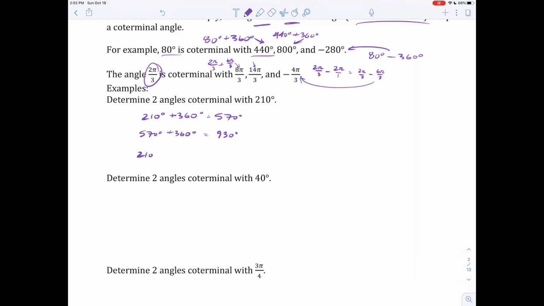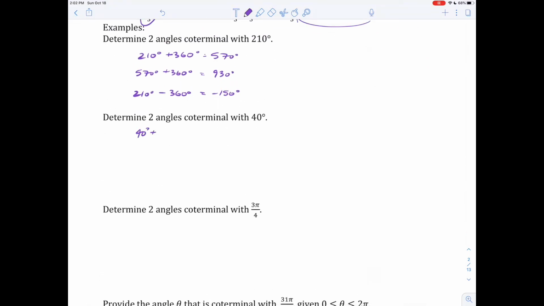If I want, I could take one of these angles and subtract 360 degrees. And if I wanted to do that, I could get another coterminal angle. So it says 2, I gave you 3. These are all coterminal with 210 degrees.